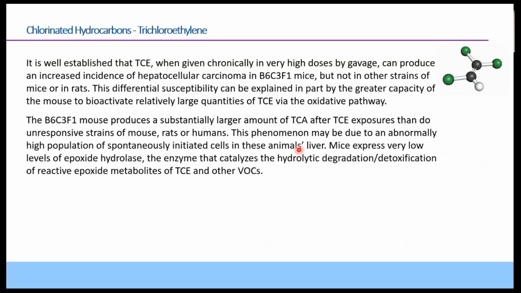This phenomenon may be due to an abnormally high population of spontaneously initiated cells in these animals' liver. Mice express very low levels of epoxide hydrolase, the enzyme that catalyzes the hydrolytic degradation, detoxification of reactive epoxide metabolites of TCE and other VOCs. So there is a metabolism difference between the mice, rats, and humans.